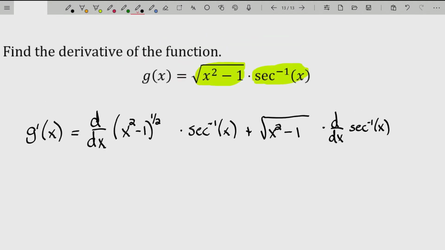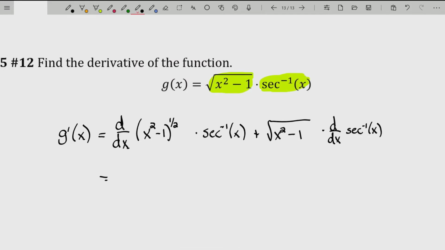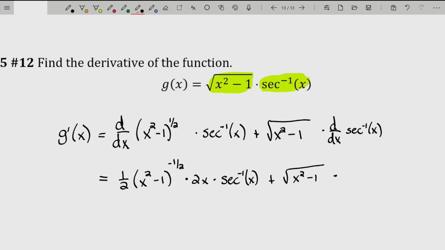So I just wrote out the product rule, and now I'm just going to take the derivative, right? The derivative of something to the 1/2 is 1/2 times that something to the negative 1/2 by the chain rule, times the derivative of its interior, which is 2x, and then that's attached to a secant inverse of x, plus the square root of x squared minus 1 times the derivative of the secant inverse.